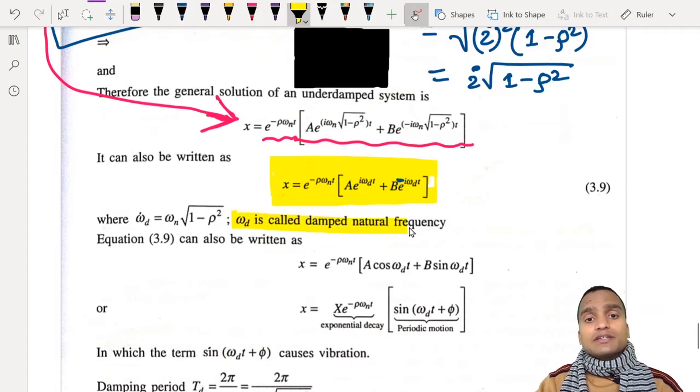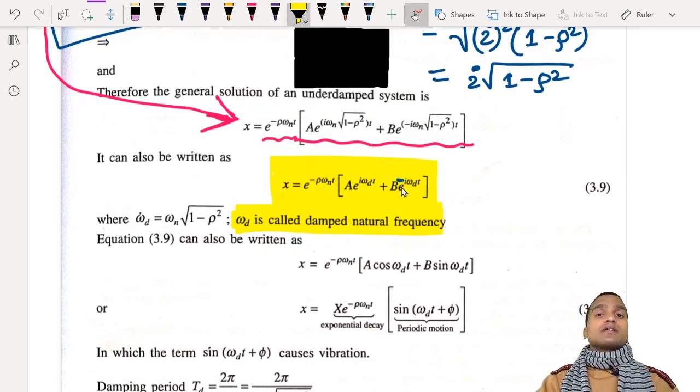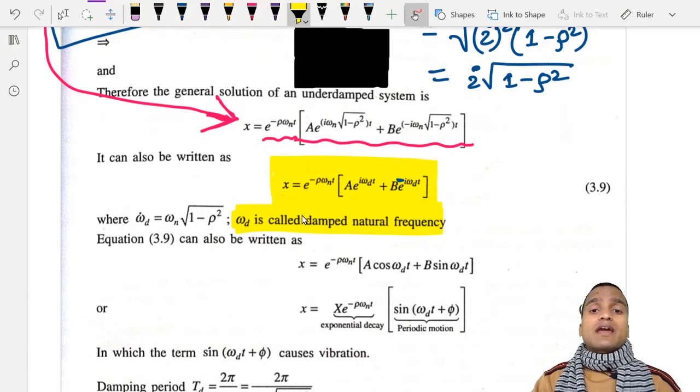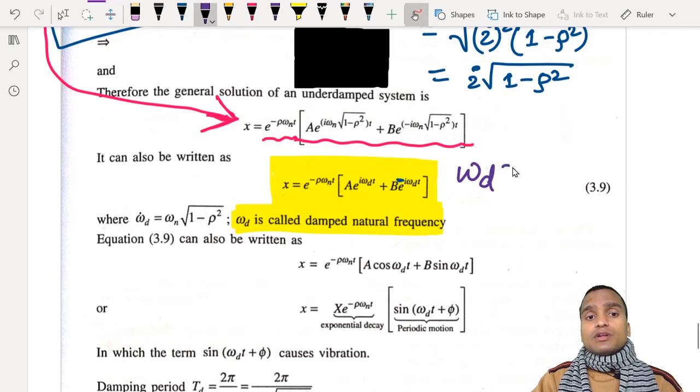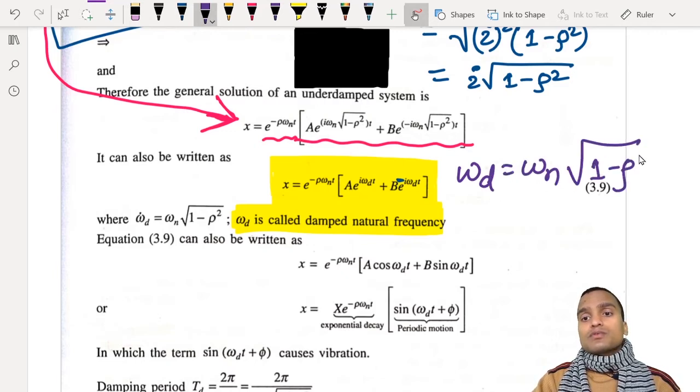Because of damping, it will always be called the damped natural frequency, and omega d is equal to omega n into root under 1 minus rho square. Omega d is generally calculated in the case of the underdamped system.